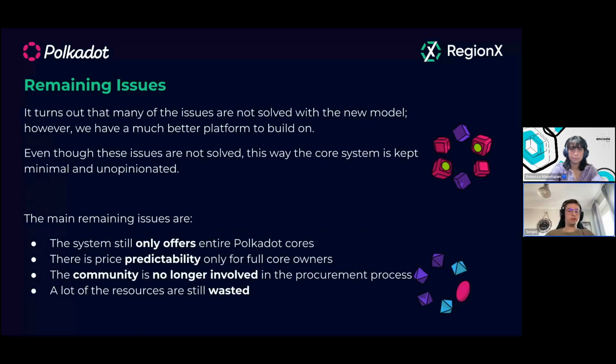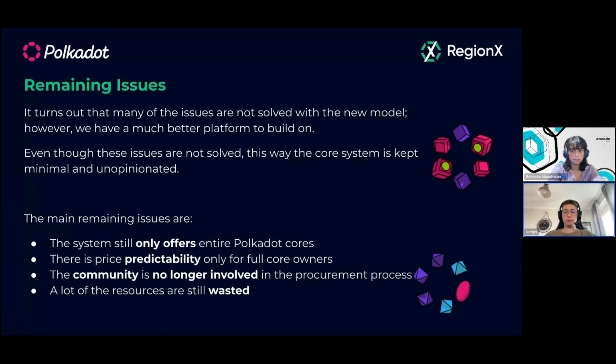So what are the remaining issues? The system still only offers one entire core. This means that the issue we had with the slot auction model is still here with Agile Coretime.